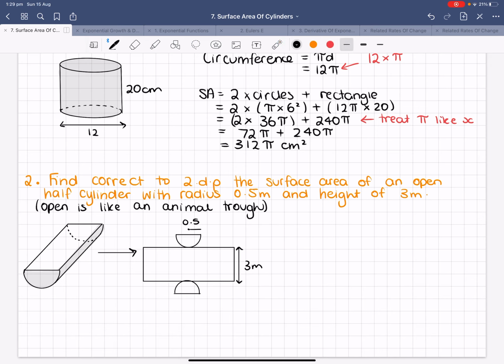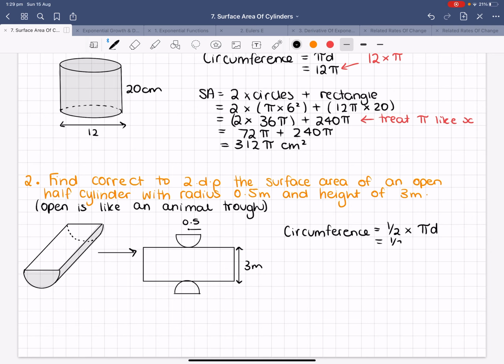So for our circumference this time, it's not a full circle, right? That length is half. So for the circumference, it's a half of the pi times the diameter.